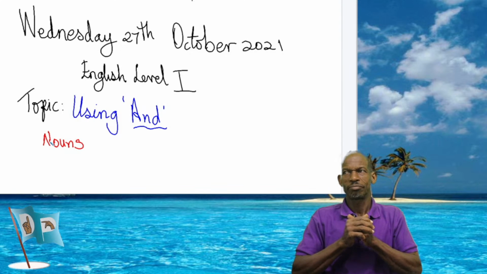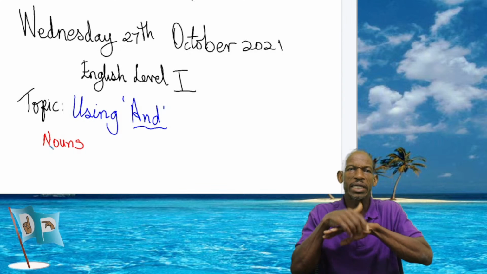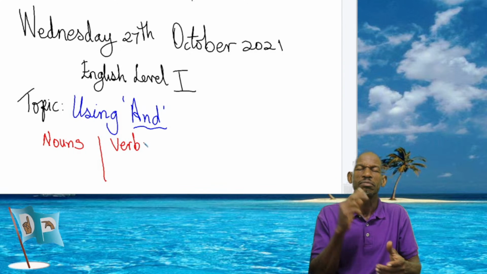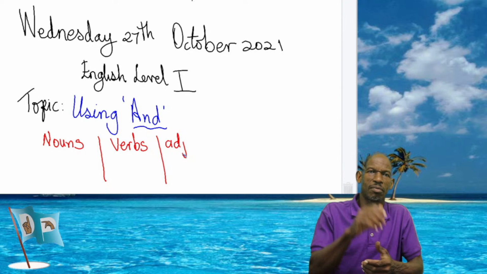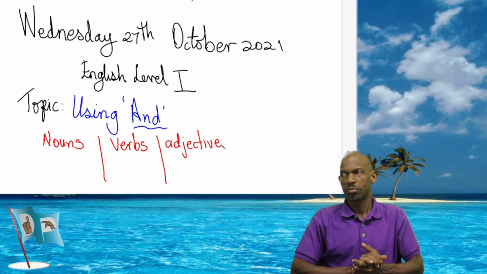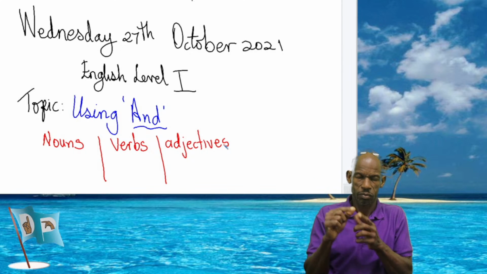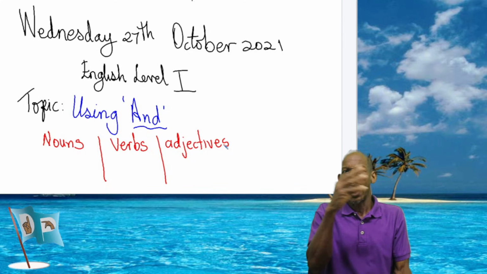These are types of words that we use when we are talking, whether it is sign language or English. So we have nouns, we have verbs, and we have adjectives. When we have a list of them, we use "and," and the list is usually two of them together.